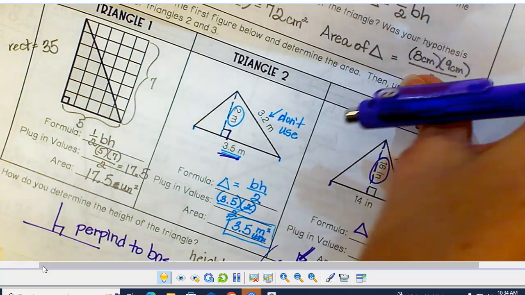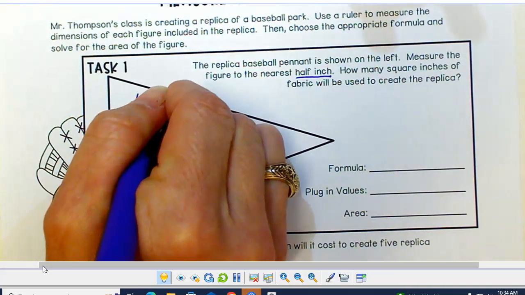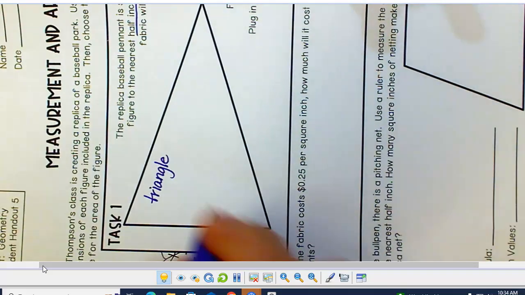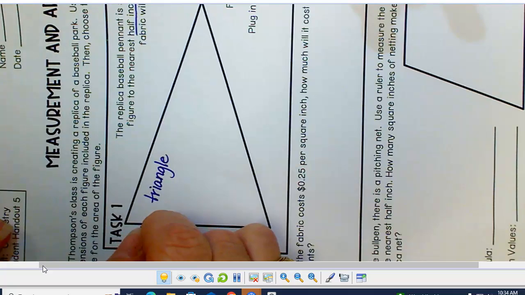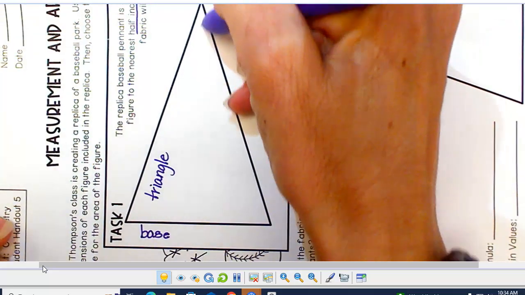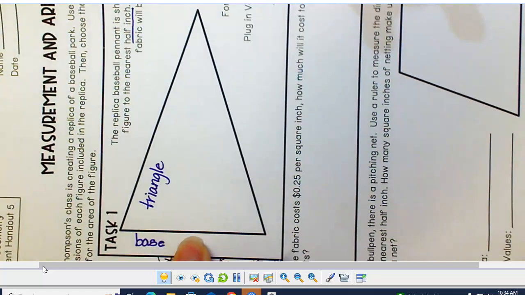So in this particular illustration, we've got a triangle. If we turn it this way, here is our base, and our height is going to be this height hitting the base perpendicularly. So we're going to have to draw that in.